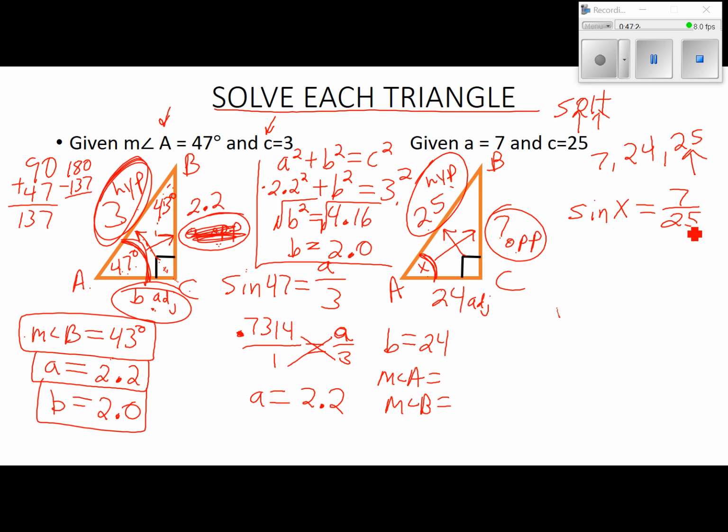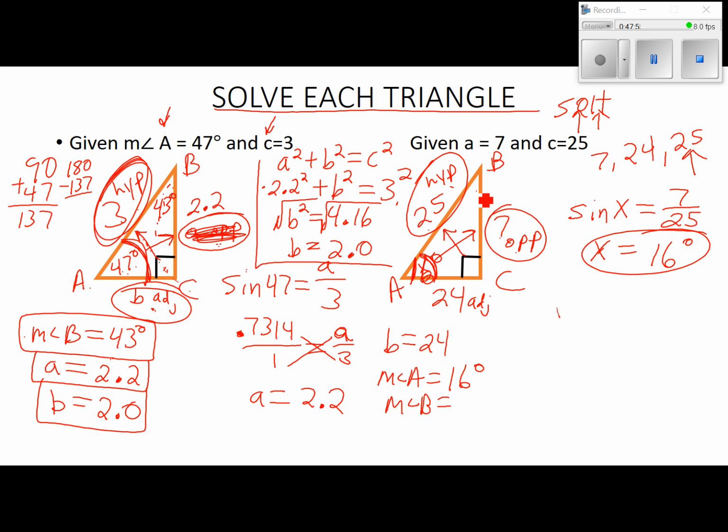And then your calculator is going to do all this for you. Hit second, sine 7 divided by 25, it equals, and it comes out that x equals about, we'll say about 16 degrees. So that's angle A. Angle A is 16 degrees. If we know angle A is 16, we could go back and do the same thing to find angle B, use sine, cosine, or tangent.